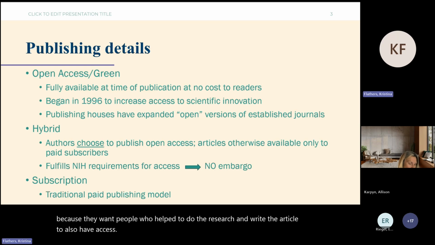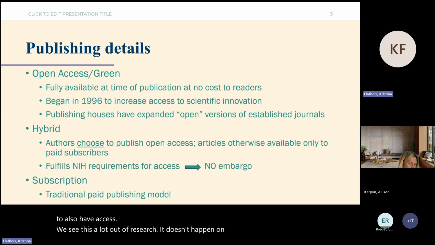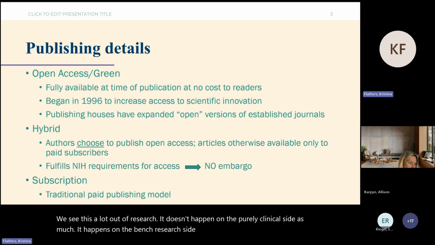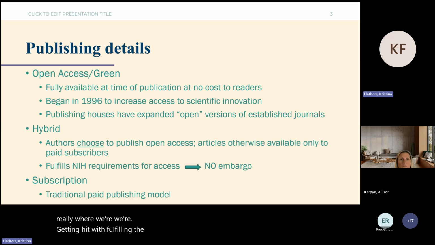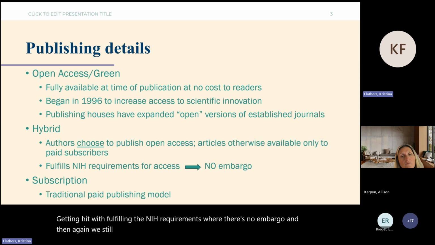We see this a lot out of research. It doesn't happen on the purely clinical side as much. It happens on the bench research side more. The hybrid journals are really where we're getting hit with fulfilling the NIH requirements, where there's no embargo. And then again, we still have the traditional subscription model.